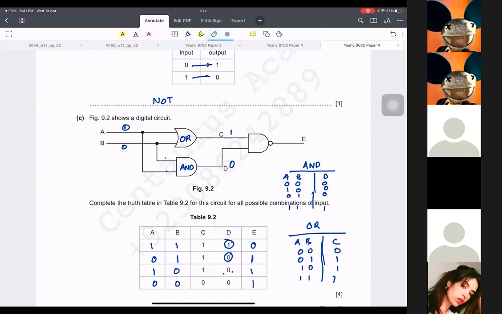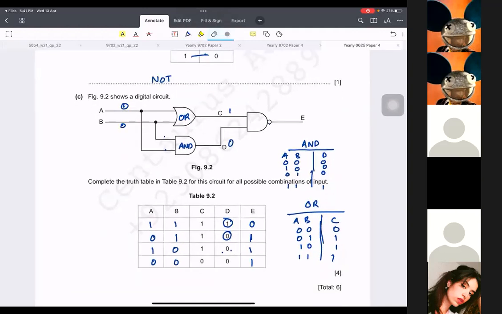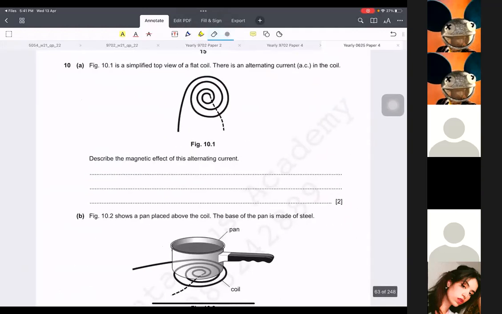Right? Okay. Now, going to this one, it says magnetic field of alternating current. Describe the magnetic field of this alternating current. This is a flat coil from the top view. So the magnetic field of alternating current keeps switching the direction, right? So there is always a magnetic field.